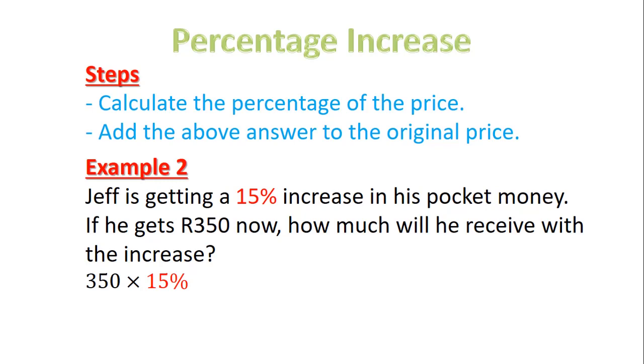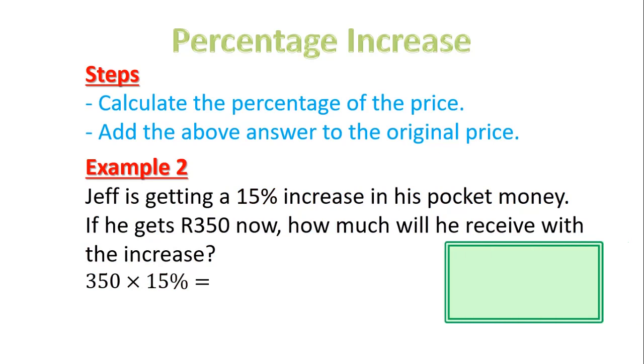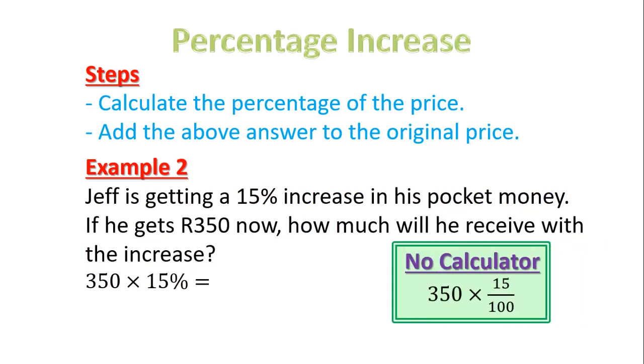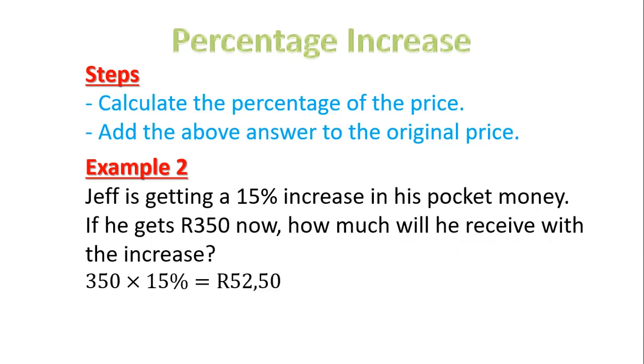And if we don't have a calculator, we have to use fractions. If we do have a calculator or a scientific calculator, we just put it in and press equals. But as I said, if we don't, we have to use our fractions, and we have 350 times by 15 over 100. If you cancel and work that out, you'll get 52 Rand 50.